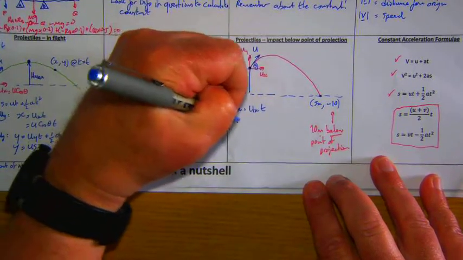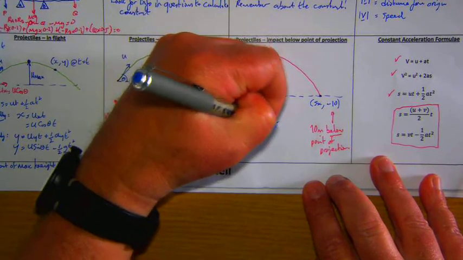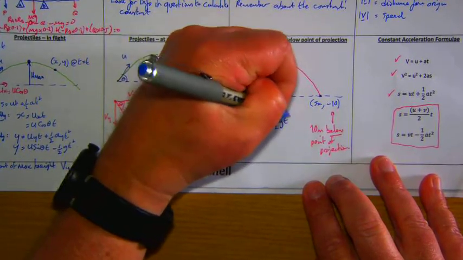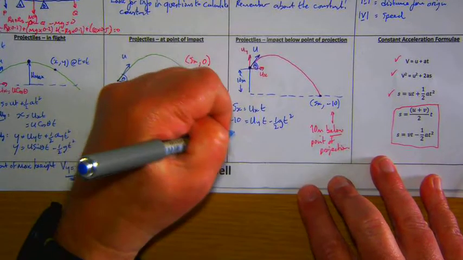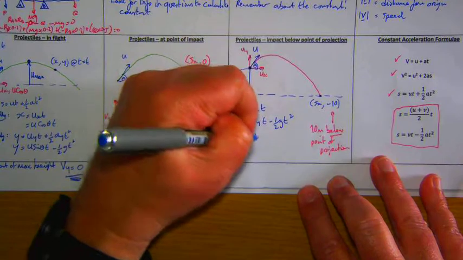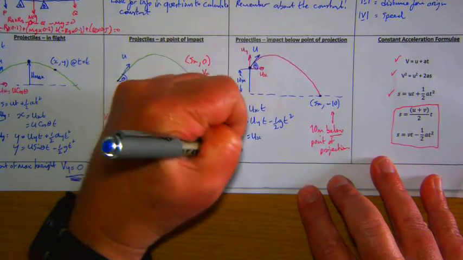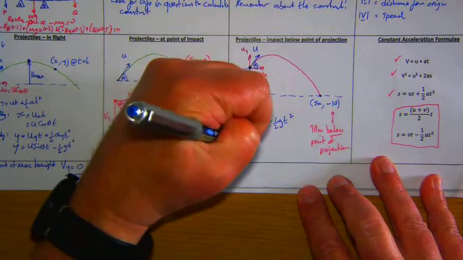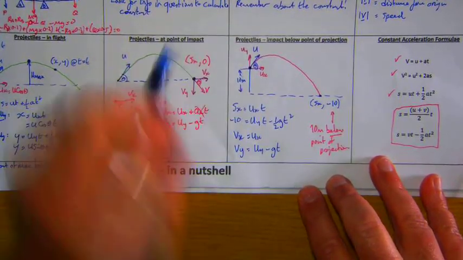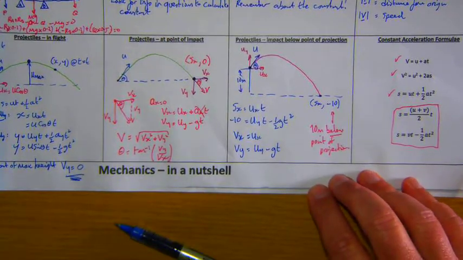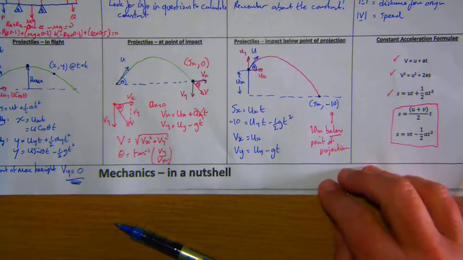Sy will be minus 10 equals uyt minus a half g t squared. Vx at that point is equal to ux, because the a is 0. And Vy will be uy minus gt. So those are the 4 equations that you can use to answer whatever the particular question is asking.